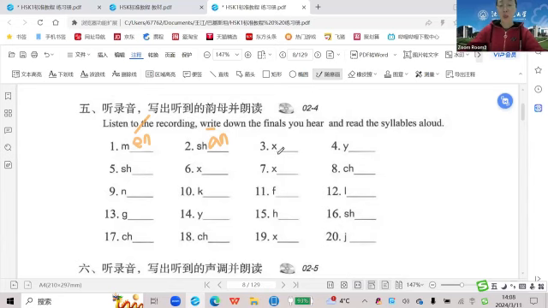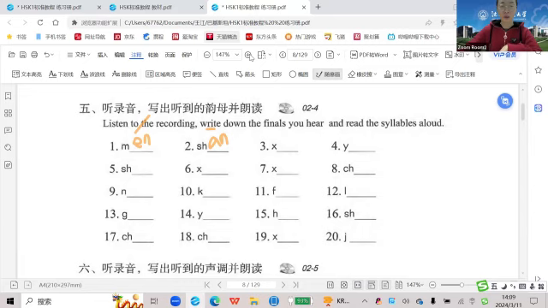Number 3. Xiong. Maybe you've forgotten what we have learned. 熊. The final is yong, beginning with x. Xiong.